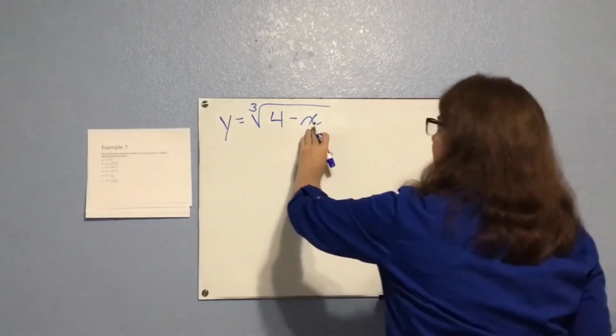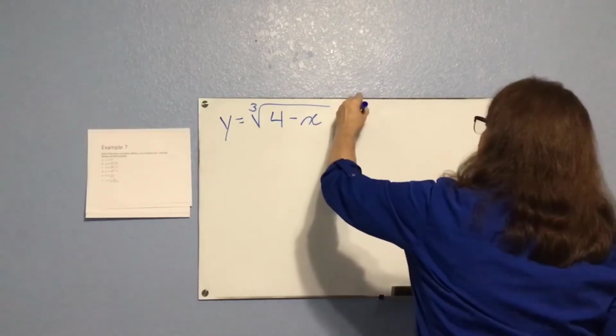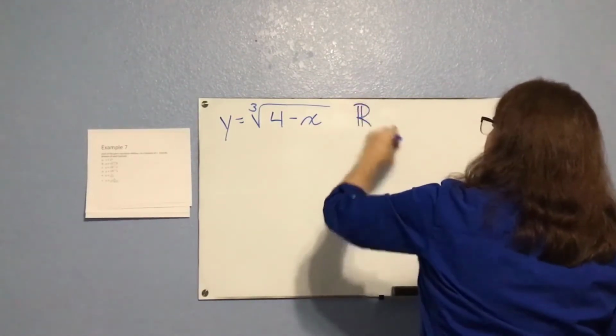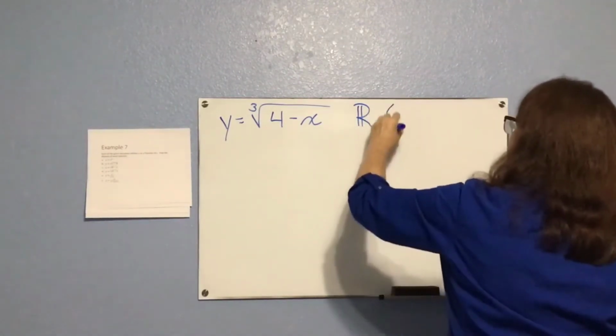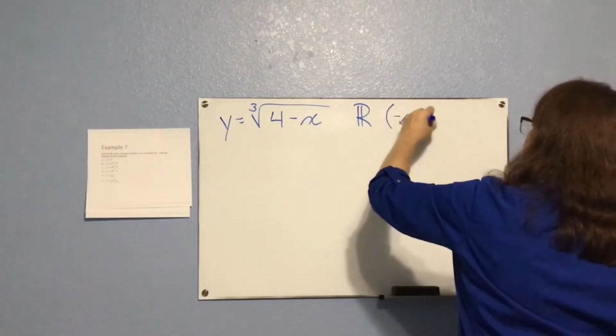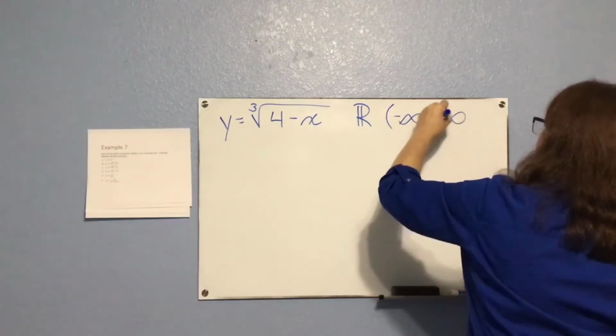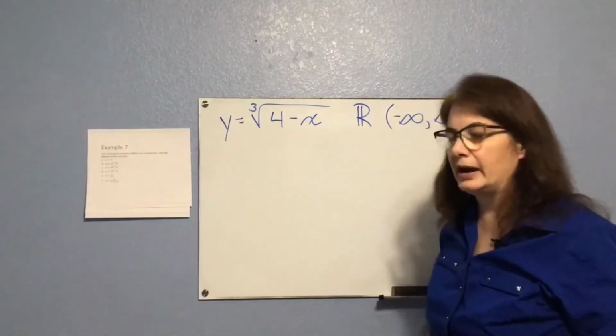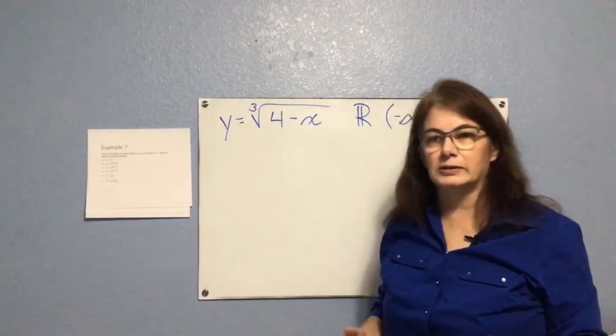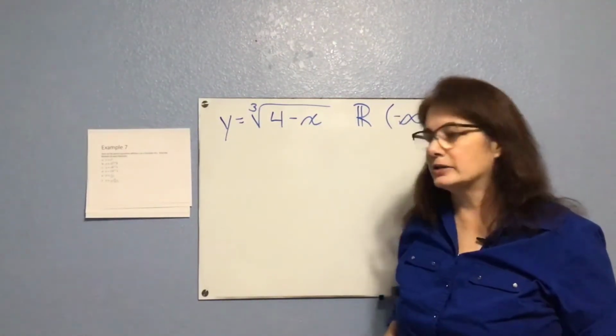So for this one, x could be anything. So I could again use the double bar R for all real numbers. I could go from negative infinity to positive infinity. Okay, let's look at another kind of function. We've done some square root functions. Let's do a rational function.